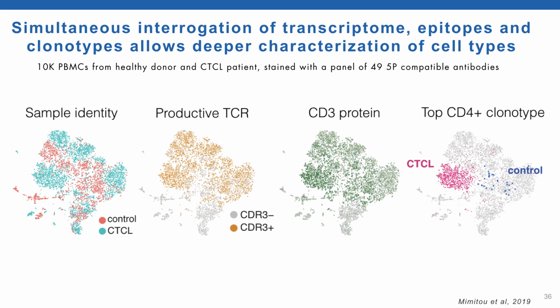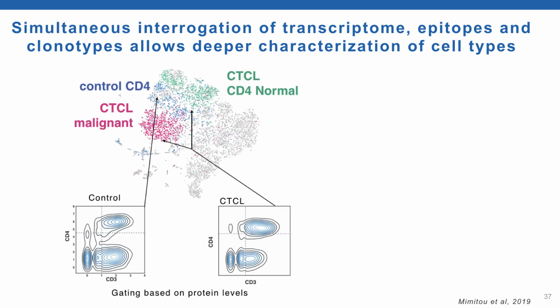So shown here is the top clonotype in the CTCL patient, which is obviously greatly expanded compared to the top CD4 positive clonotype in the control, where there's just a smattering of these cells around. And so we can do something like in silico gating here, right, where we take cells that are both CD3 and CD4 positive, so CD4 positive T cells, and just analyze these cells only in the control and the CTCL.